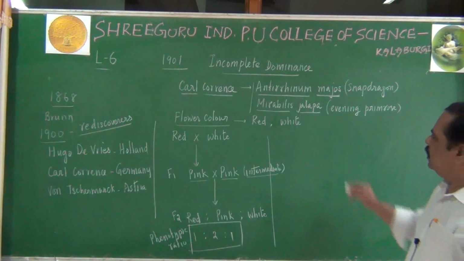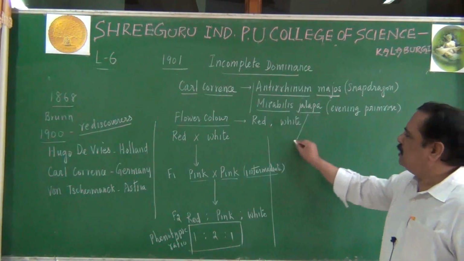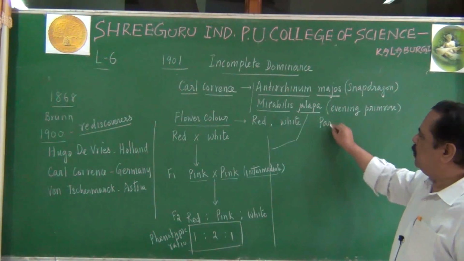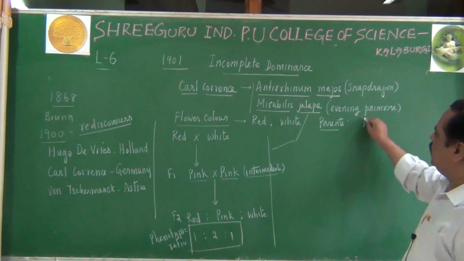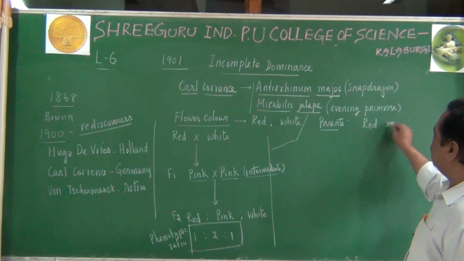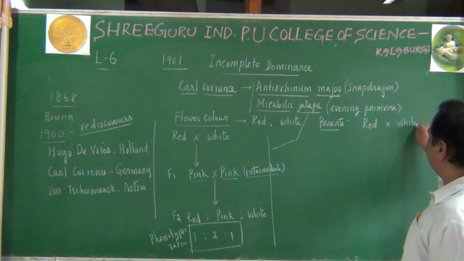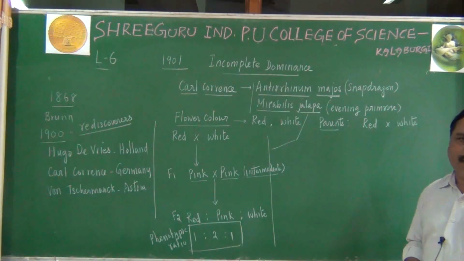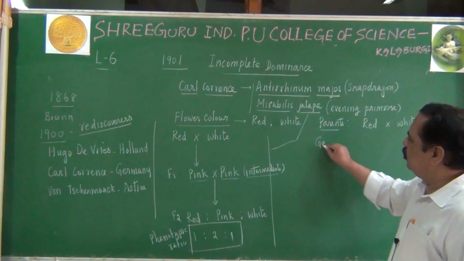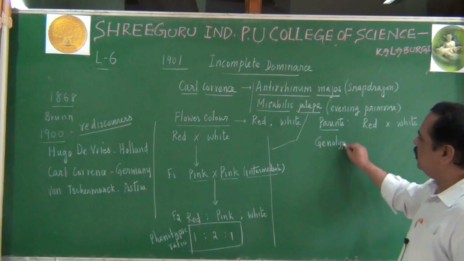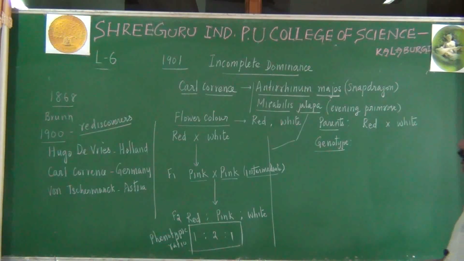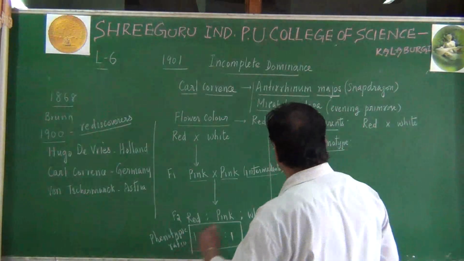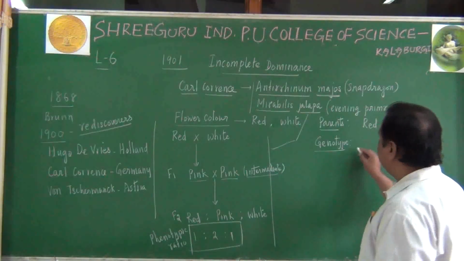Please listen. The parents we have taken for this cross are red flower producing snapdragon and white flower producing snapdragon. What is the genotype of the parents? Let me come to those five steps which I told you in the previous classes. We are going to see genotypes here.